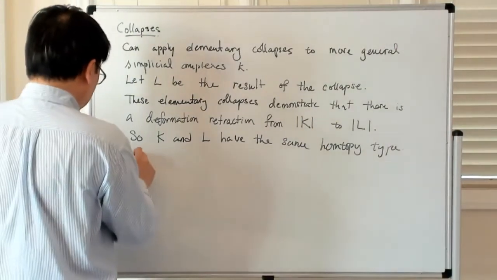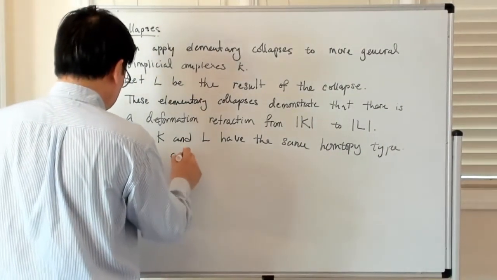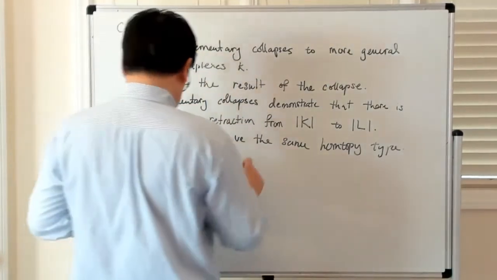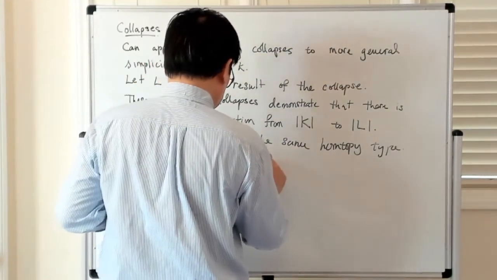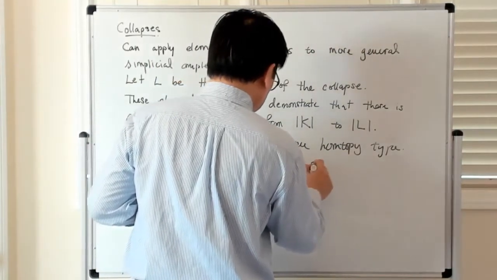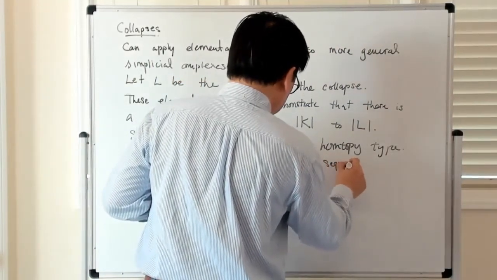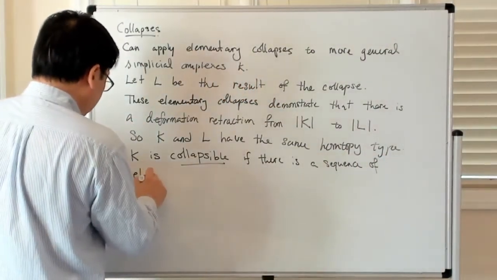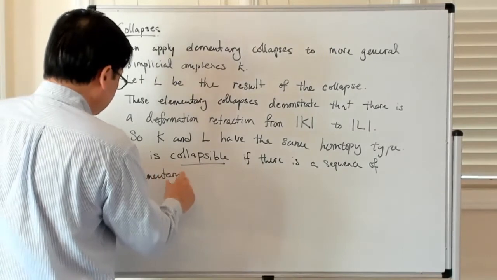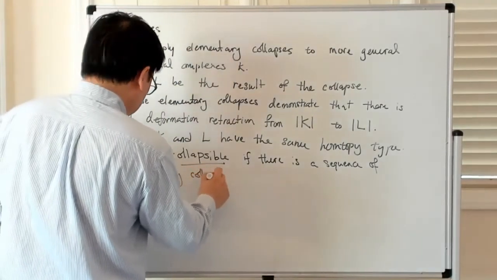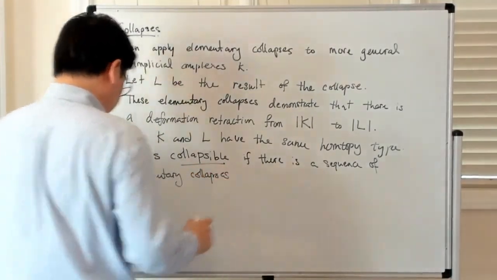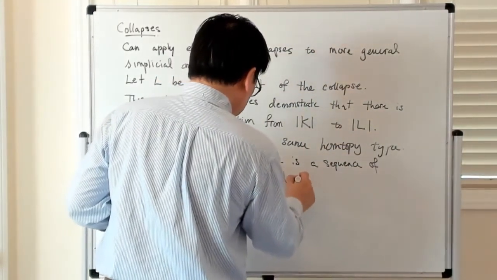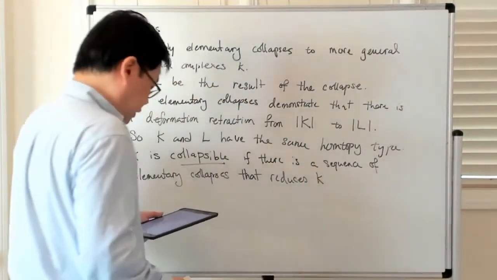So K is collapsible if there is a sequence of elementary collapses that reduces K to a single vertex.